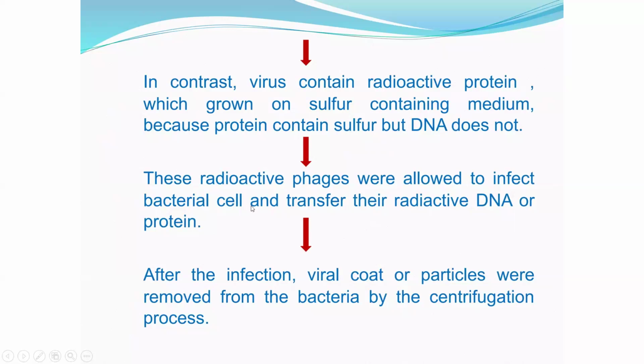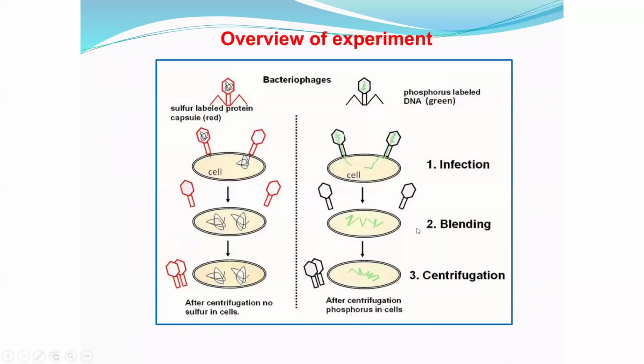So these radioactive phages were allowed to infect bacterial cells and transfer their radioactive DNA or protein. After the infection, the viral coats or particles were removed from the bacteria by centrifugation. So here is the overall experiment.